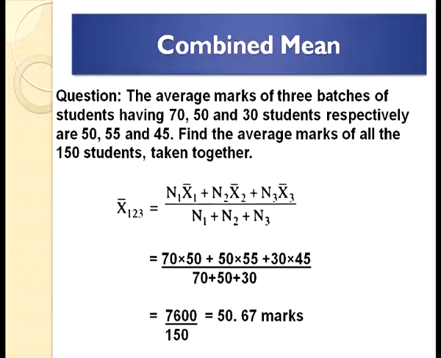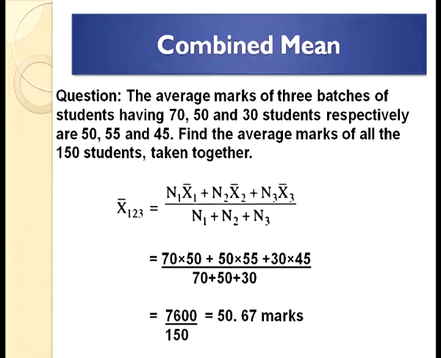In this case, the combined mean formula will be written for the first component, second component and the third component: n1 mean of 1 plus n2 mean of 2 plus n3 mean of 3 divided by the total number of observations, that is 70 into 50 plus 50 into 55 plus 30 into 45 divided by the total number of observations, that is 70 plus 50 plus 30.